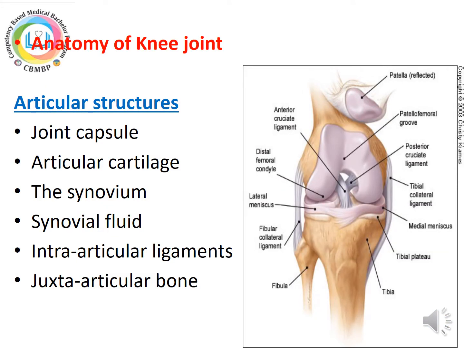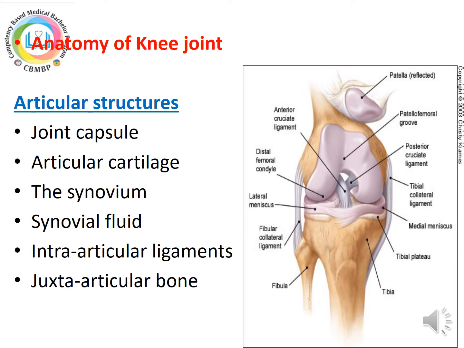What about the anatomy of the knee joint? You have to know the proper anatomy of the knee joint, the articular structures and the extra-articular structures, because these are the sources of knee pain. What about the articular structures? Articular structures involve the knee capsule, the articular cartilage, the synovial lining, the synovial fluid inside the joint, and the intra-articular ligaments.